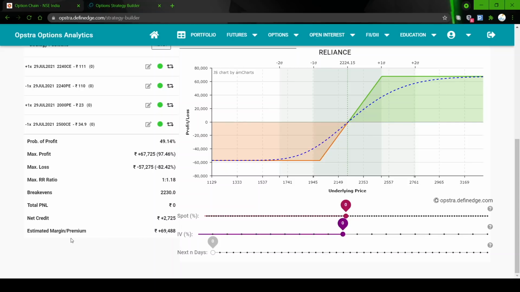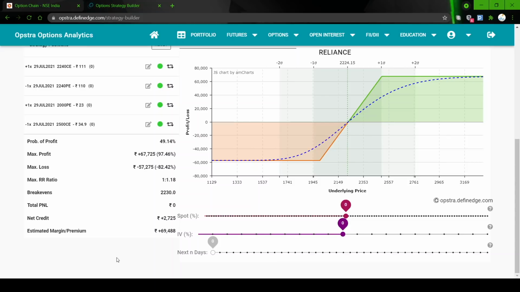And for this whole setup, the margin or premium, whatever means we are going to get blocked in the account, is about 69,000 to 70,000. Say 70,000. For a 70,000 margin block, we are going to take a position in Reliance, one full F&O lot.